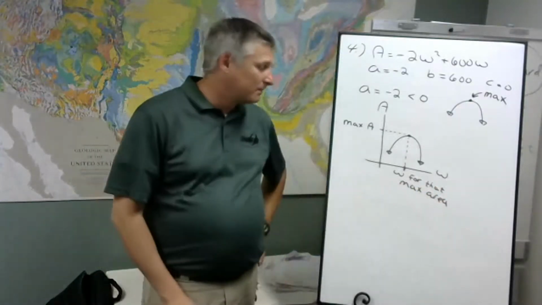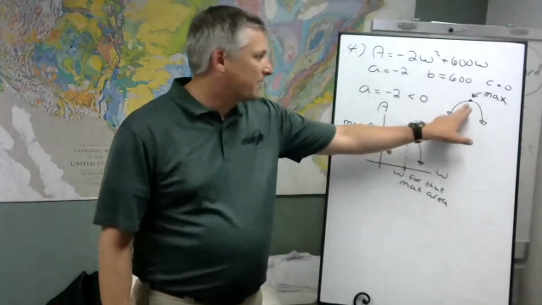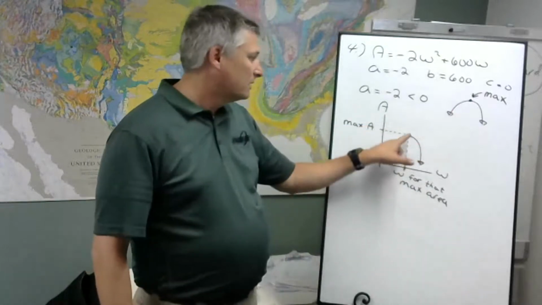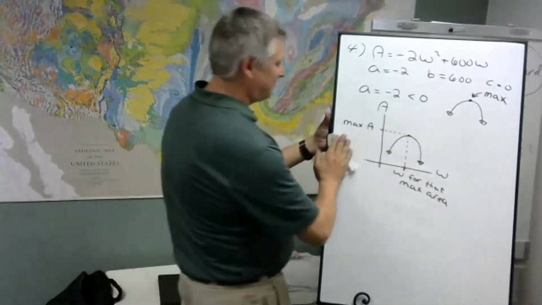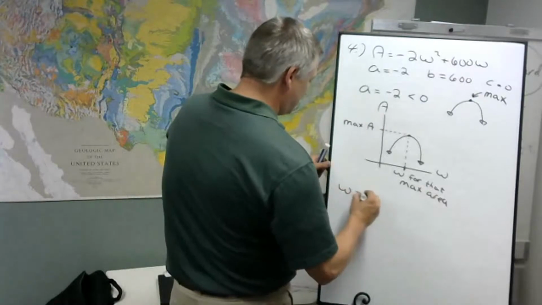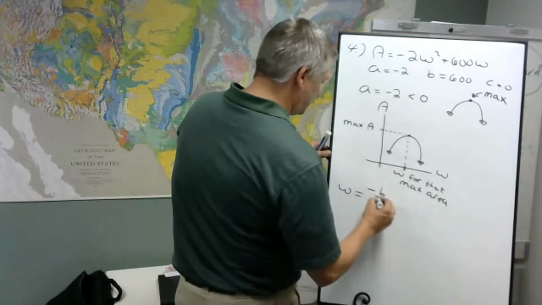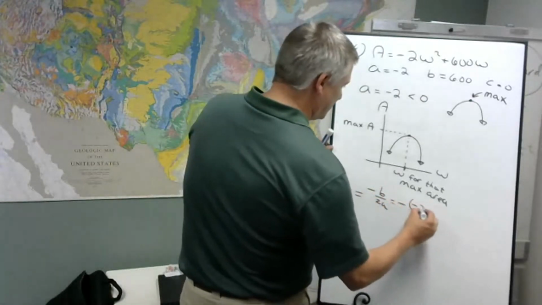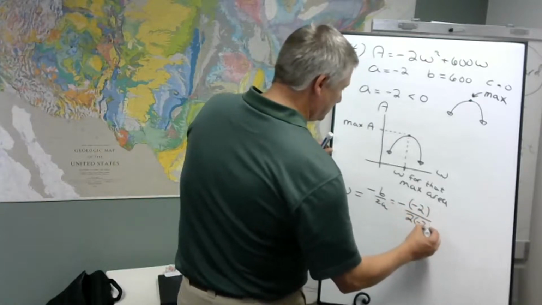So there we go. So all we have to do is figure out the vertex, because this is the x coordinate or the w coordinate of this vertex. Let's find this vertex. So for here, the w, or our h, negative b over 2a, or negative -2 over 2 times -2.